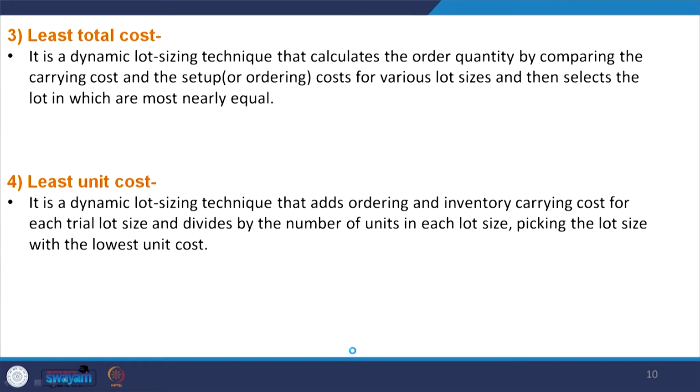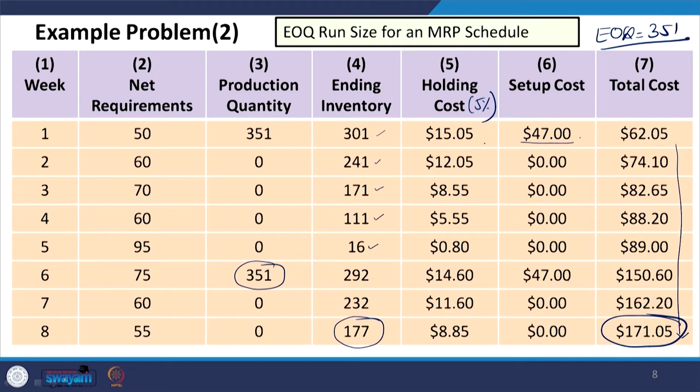Now, another method which we use is the least total cost method. It is a dynamic lot sizing technique that calculates the order quantity by comparing the carrying cost and the setup cost for various lot sizes, and then selects the lot in which these two costs are nearly equal. Sometimes you see in this particular case our calculation of 351.